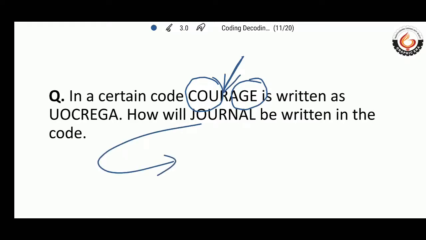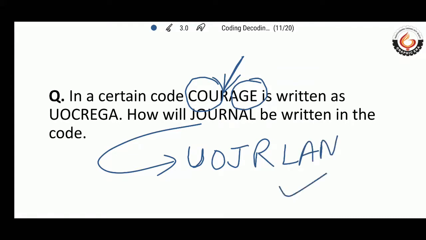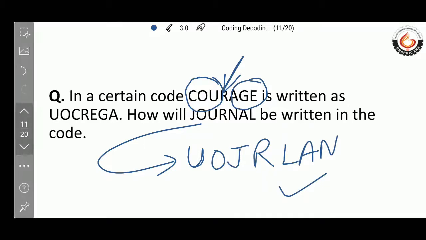So for this one it could be U O J R L A N. This should be the code for JOURNAL in the same coding language.